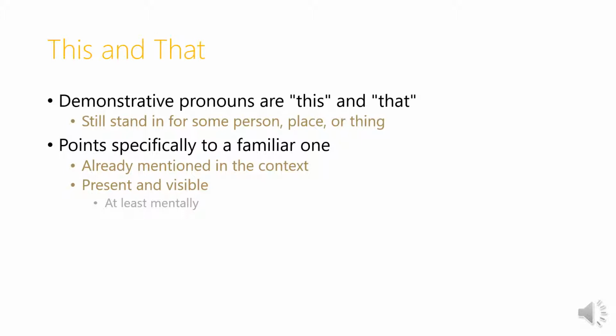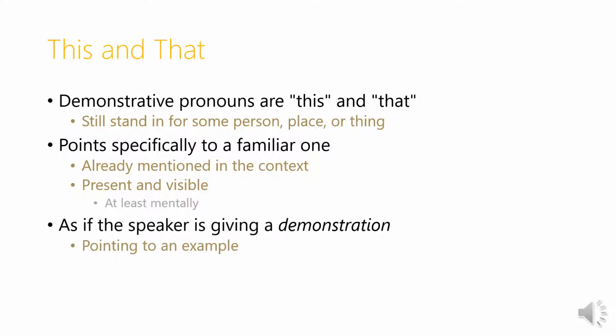Although this isn't always literal, sometimes we can say, well, this car is better than that car, and we're not standing in the driveway in front of them, but we have been talking about two cars, and so mentally we still have them in our mental view.